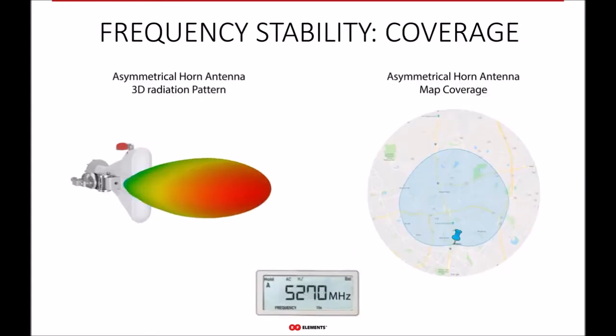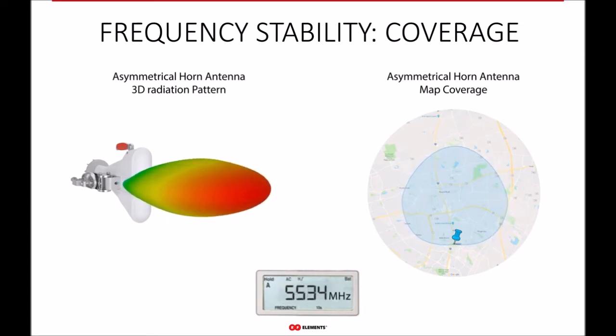So here you see the frequency stability of the full 3D radiation pattern of the same antenna. Not just the maximum gain, because on the previous slide we showed how the maximum gain changes with frequency. Here you can't see the numerical values of the gain at each point, but you can see how the whole radiation pattern changes with frequency.